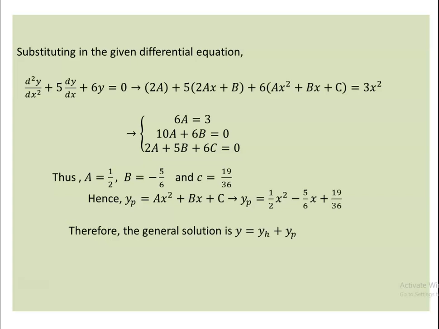Your yp is already obtained, therefore the final output will be y equals C1 e to the power of minus 3x plus C2 e to the power of minus 2x, which is the homogeneous solution, plus the particular solution, 1 over 2 x squared minus 5 over 6 x plus 19 over 36. So the general solution is going to be this one, which is the combination of y homogeneous and y particular. I hope you have understood this in a better way. Thank you.